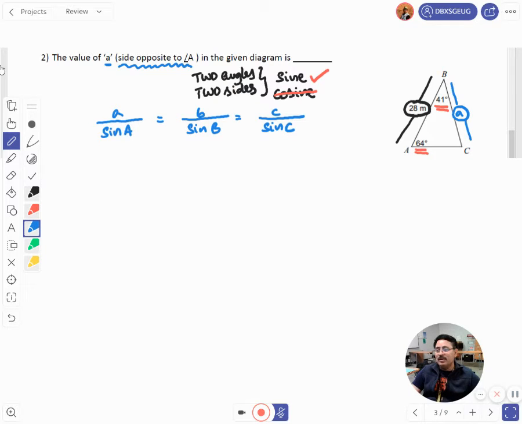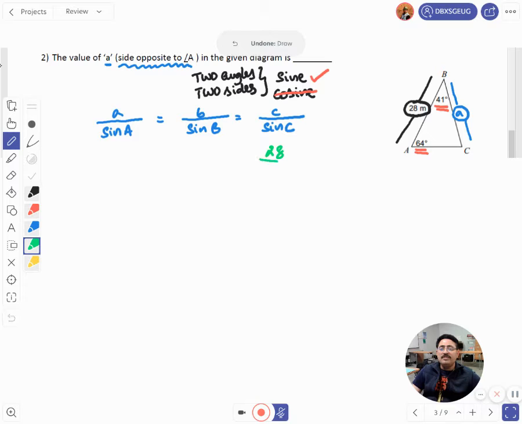Please remember that the sides are indicated with lowercase letters. So opposite to C, that is 28. Therefore, 28 goes here.